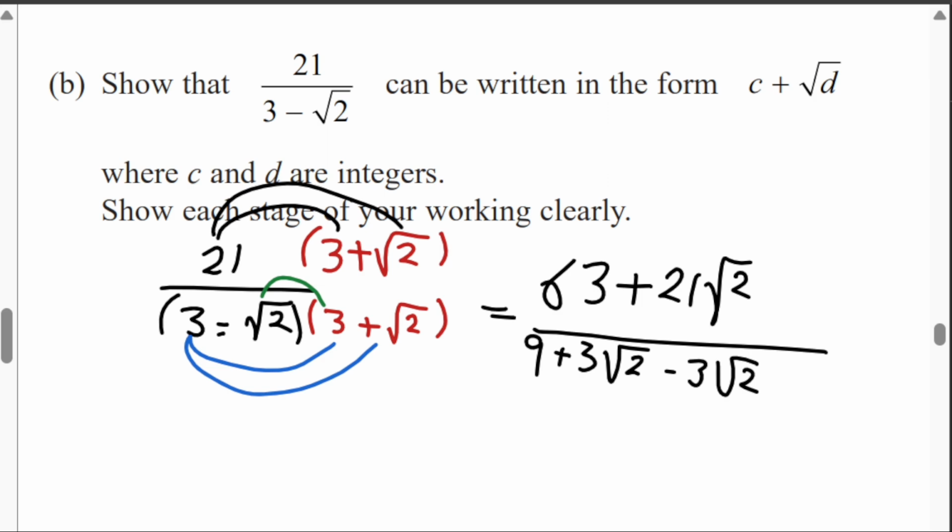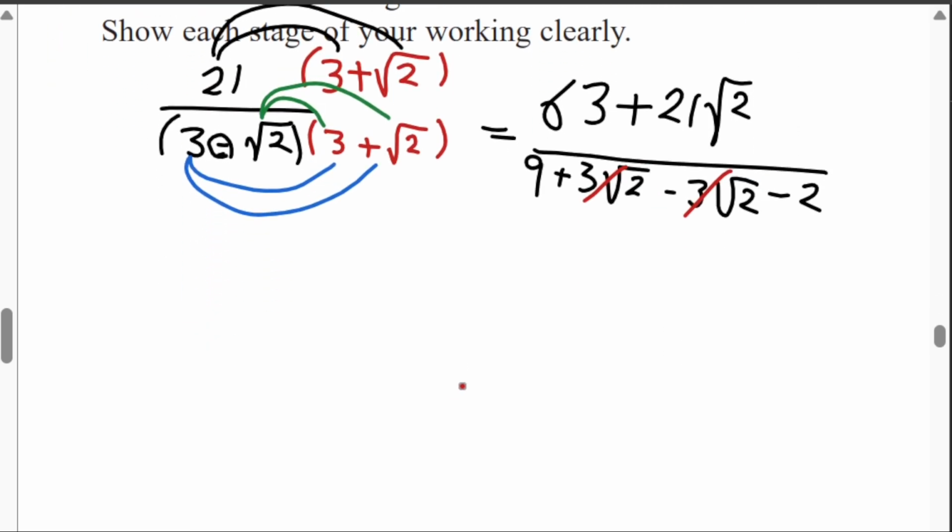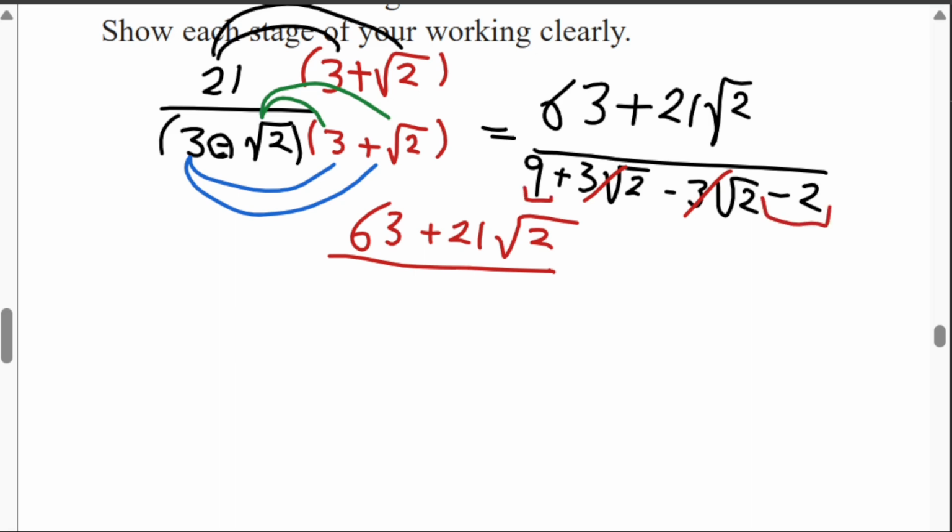And finally, root 2 times root 2 is just 2, because this is negative, so it's going to be minus 2. Now, this will cancel, 3 root 2 minus 3 root 2. Up there on the numerator, we can't do anything for now. Let's just leave it: 63 plus 21 root 2, divided by 9 minus 2, which is 7. So the denominator is just 7.